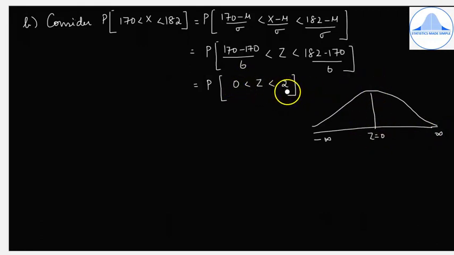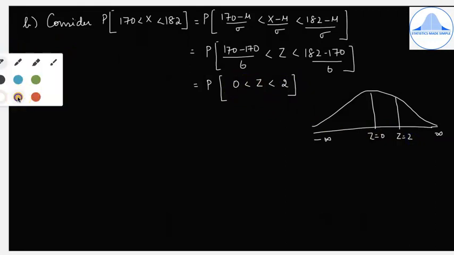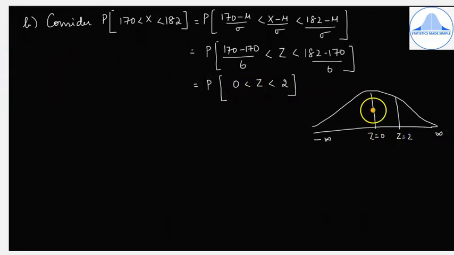The other value here is 2. 2 is a positive number, so mark it on the right side of the curve. Now z is lying between two values, so you have to shade only between those two values. So I have to shade between 0 and 2.